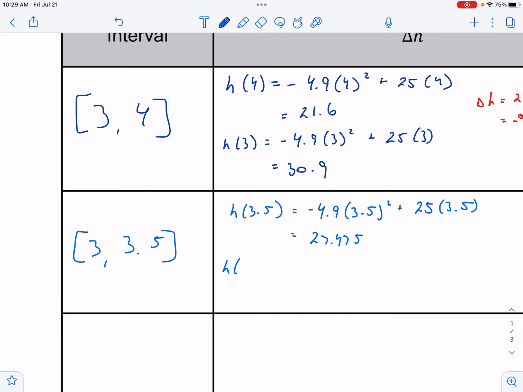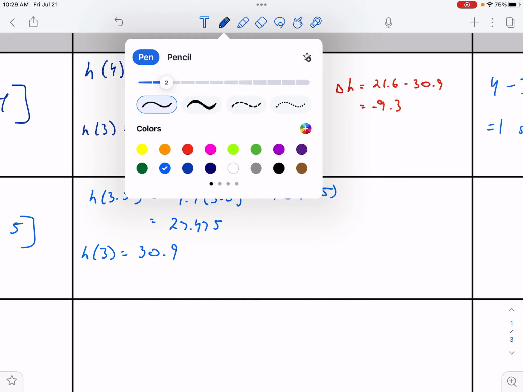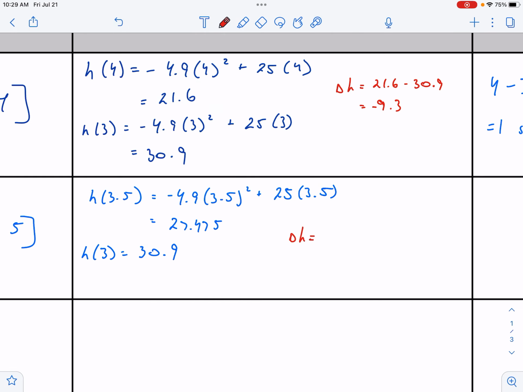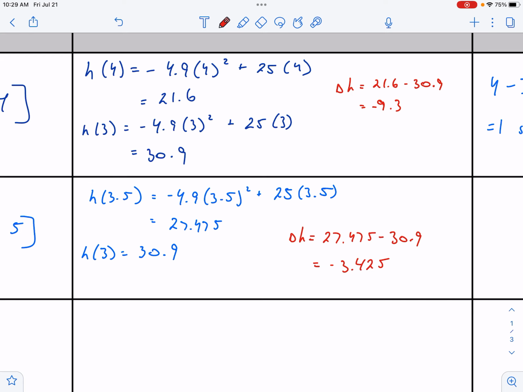We already know h of 3 is 30.9, so I can calculate my delta h: 27.475 take away 30.9, which is negative 3.425.